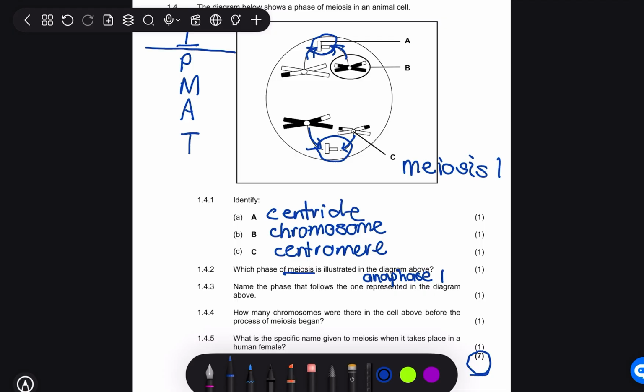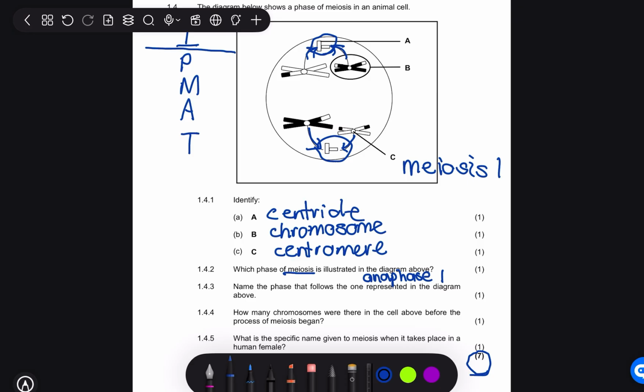Again, how did I know it was 1? Because we still have an intact chromosome getting pulled. In meiosis 2, we have 2 chromatids, so we'll have a chromatid moving to one side and a chromatid moving to the other, because the chromosome has then broken up into its 2 pieces.